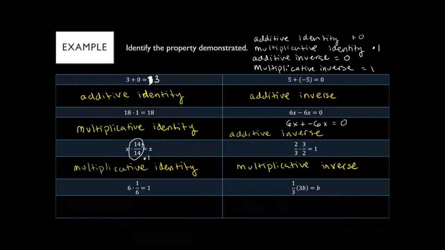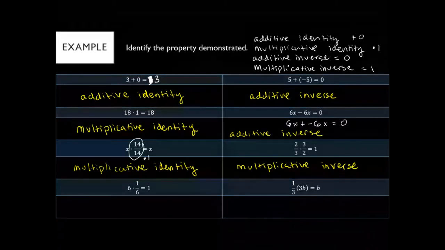So it's multiplying to equal 1. So it's canceling out. And these are reciprocals. So 2/3, the reciprocal is 3/2. So you're just flip-flopping your fractions, which makes it a reciprocal. And they cancel out, they give you 1. So that is the multiplicative inverse. All right, bottom left, 6 times 1/6 equals 1.